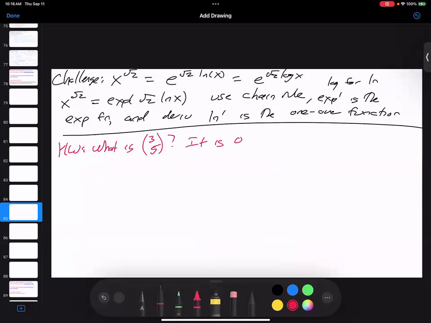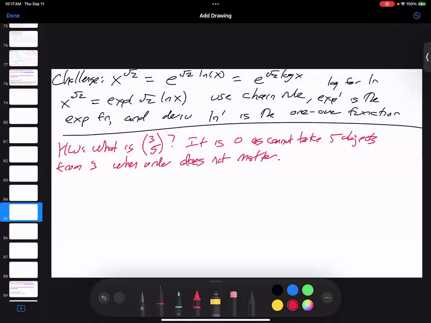It is 0, as you cannot take 5 objects from 3 when order does not matter. What's the most objects you can take from 3 when order doesn't matter? 3. 3. So we know that this is not going to be possible.